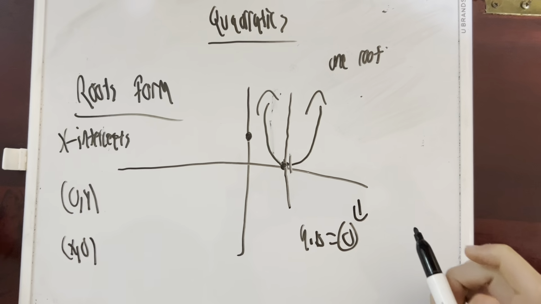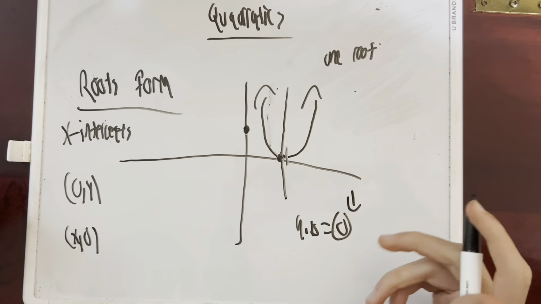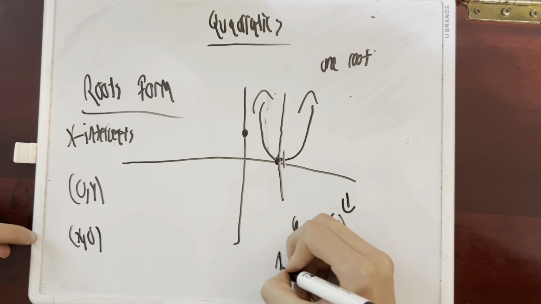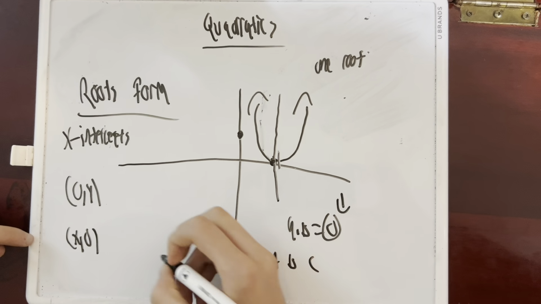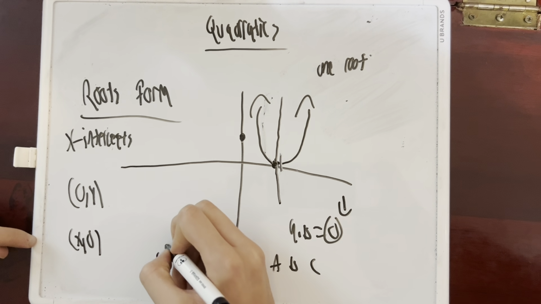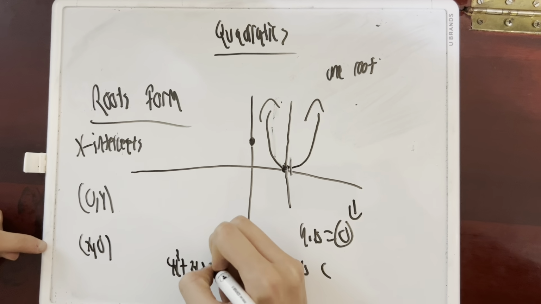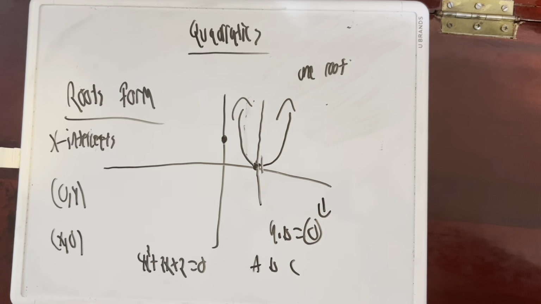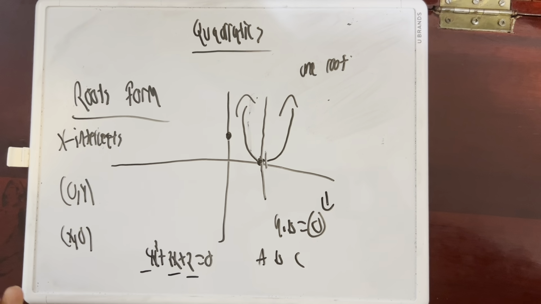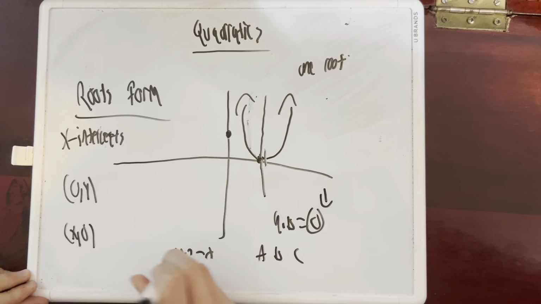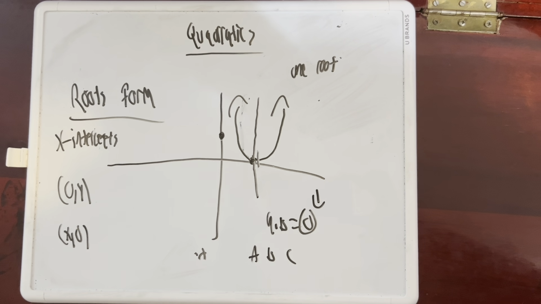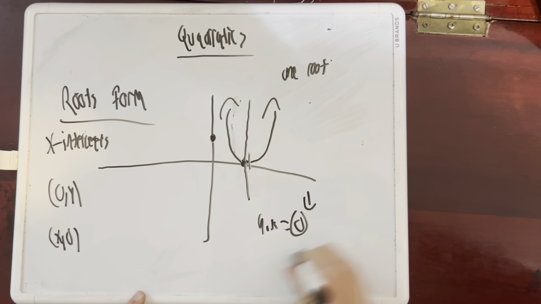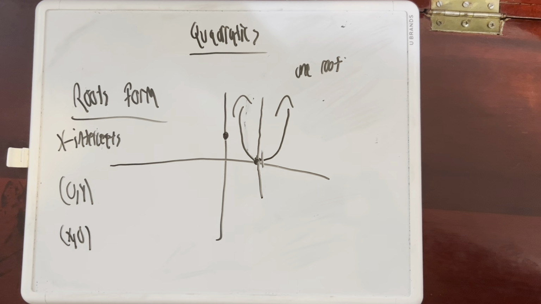Or whenever you're trying to use the quadratic formula, you know that your a, your b, and your c, for example, if you have 4x squared plus 2x plus 2, would always have to equal 0 in order for you to plug these values into your quadratic formula. So what I'm trying to say is that your root, or your x-intercept, will always be the value for x whenever you're trying to solve a quadratic, because that's what you're solving for.